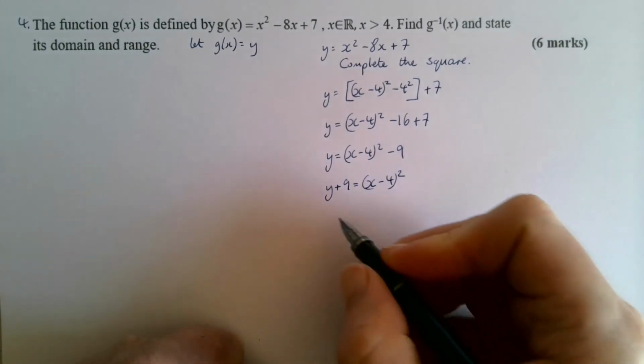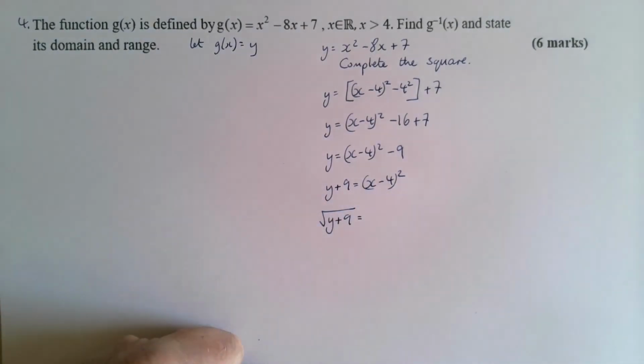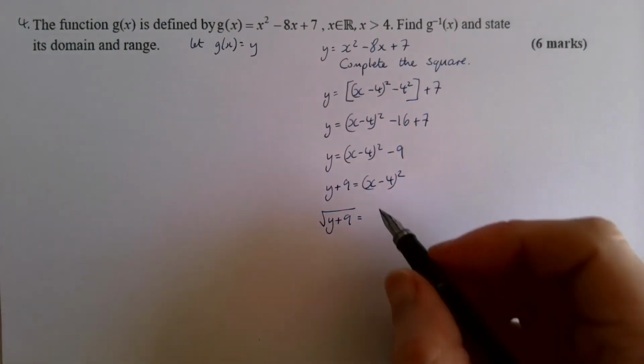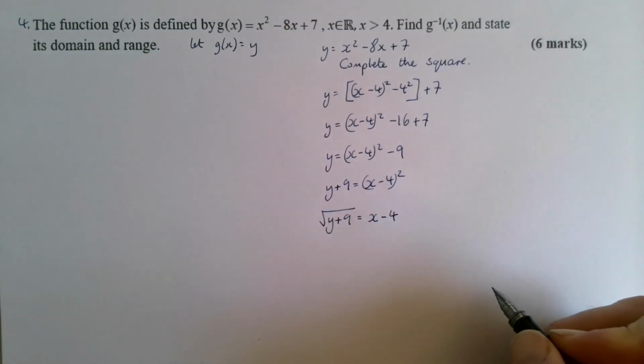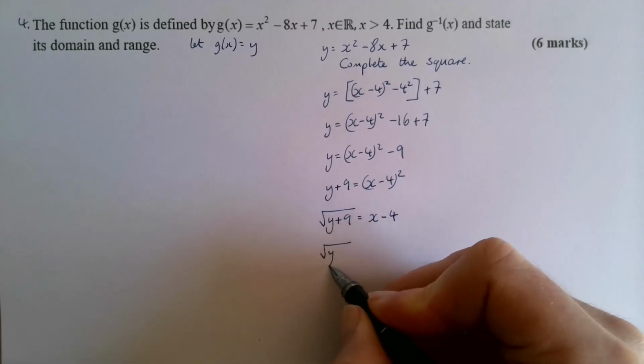And now we can do a square root. And it's not positive or negative, because with an inverse function, you could have come from one place. So we only ever use the positive. So that'll leave us with x minus 4. Then you just need to add 4 to both sides.